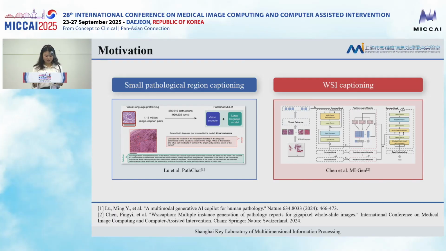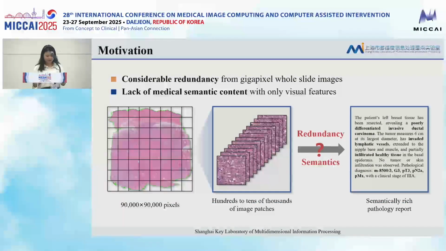In recent years, research has emerged on whole slide image-based pathology report generation using an encoder-decoder structure to auto-regressively generate reports from the slide. However, generating detailed diagnostic reports from whole slide images faces two major challenges.